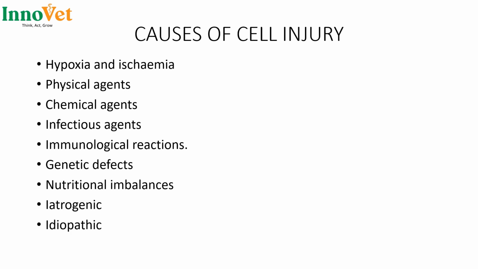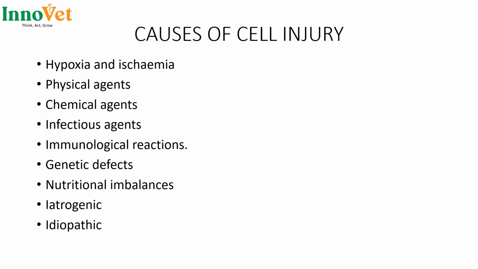Then infectious agents, these are basically living organisms. For example, the parasites, the viruses, the bacteria, the fungi, to mention them. Then we have immunological reactions. These are best seen in autoimmune diseases. We have genetic defects.